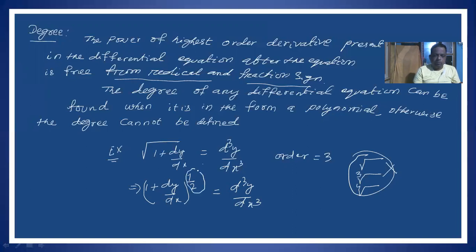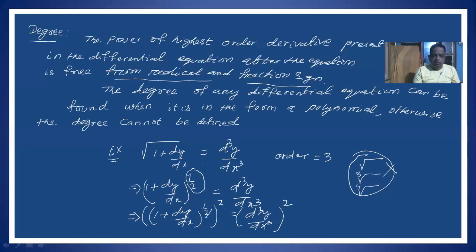How? Just by squaring both sides. So 1 plus dy by dx whole to the power 1 by 2 squared, and on the right, d cube y by dx cube whole square.